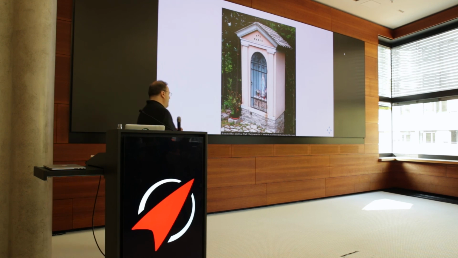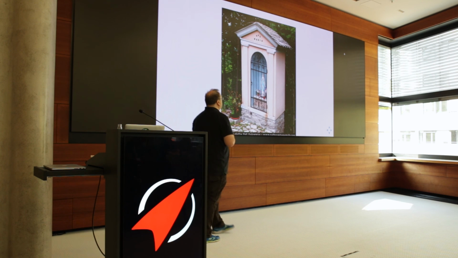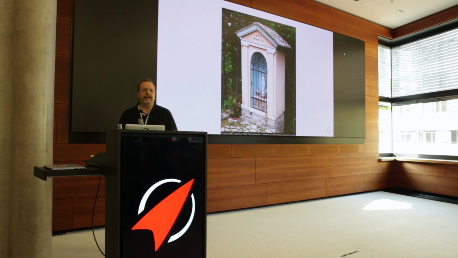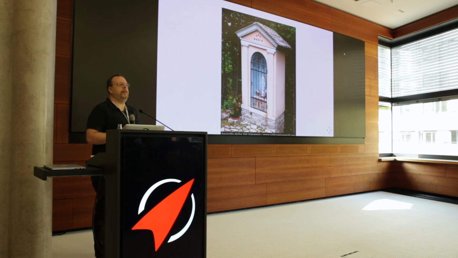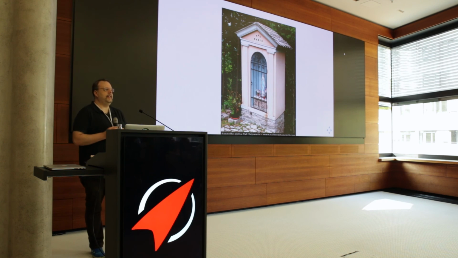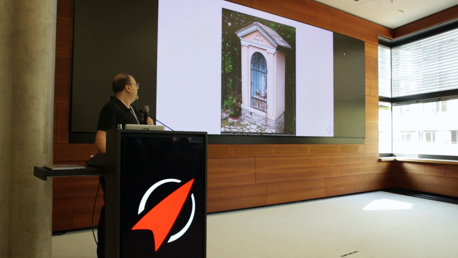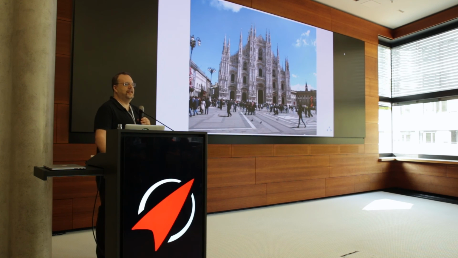Another thing that is very important to understand: you go to your architect and you say, okay, Mr. Architect, can you build me a church? The first thing that your architect is going to ask you is, do you want this kind of church or this kind of church? The size is very, very important.